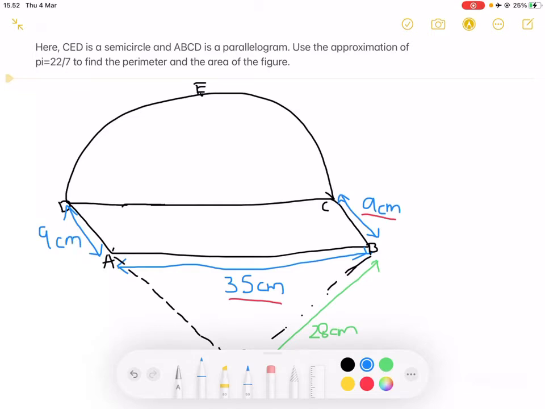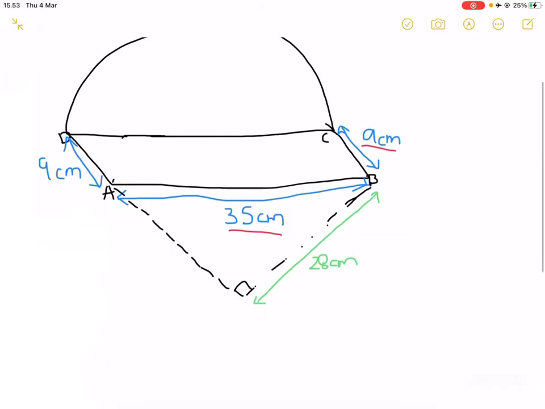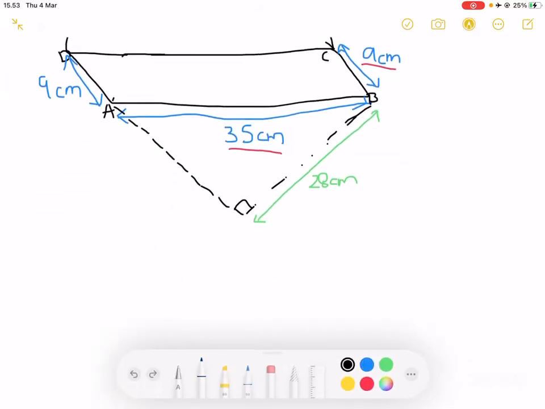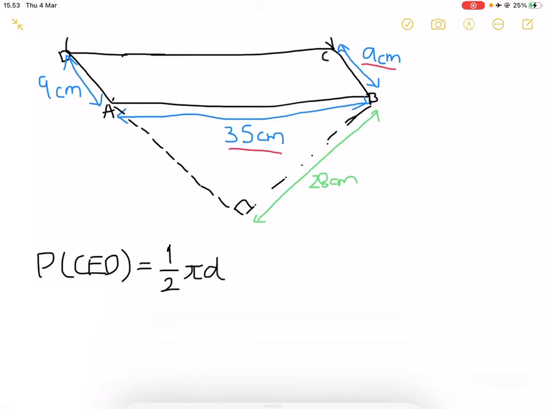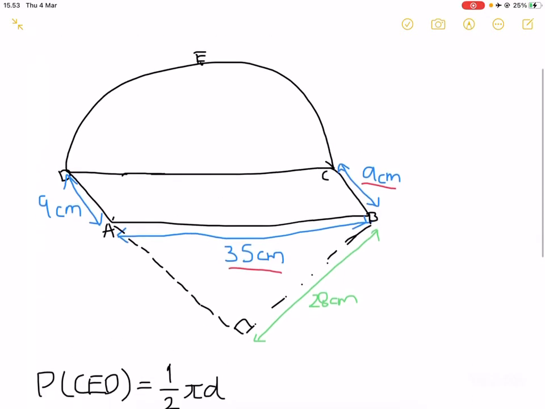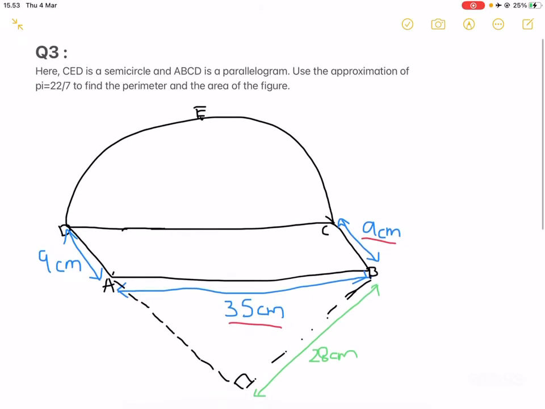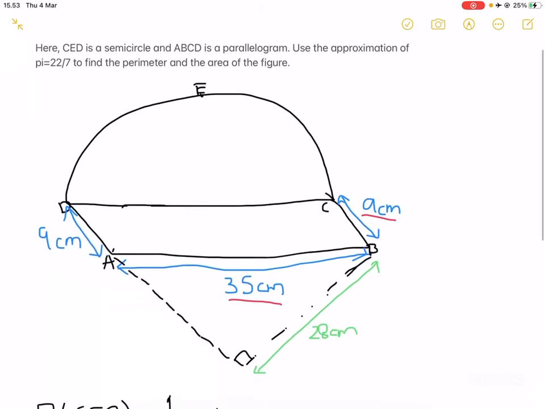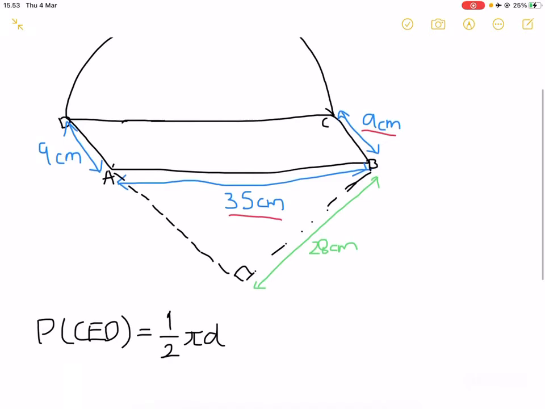And all we need to do is to find this arc right here, which I'm just going to call P of CED. This is actually half of the circumference of the circle that was originally built in, but this is just cut in half.